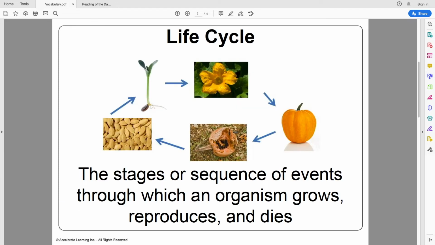So let's go ahead and start with the first one. Life cycle. What is a life cycle? So we said that it was a sequence of life, right? But let's see what the experts say. So life cycle, the stages or sequence, we were right, of events through which an organism grows, reproduces, and dies. Okay, that's the definition. Let's go ahead and read number 2.